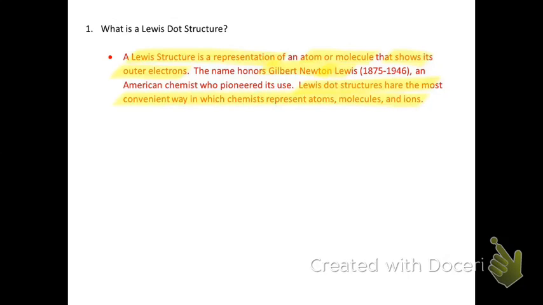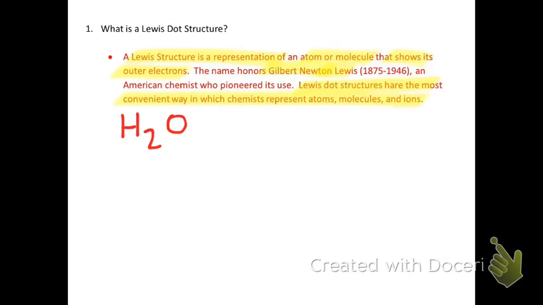I'm going to give you an example of water. This is the molecular formula for water, H2O. But how do these atoms connect together? In other words, we know that water is composed of oxygen and hydrogen. We even know the ratio is 2 to 1.